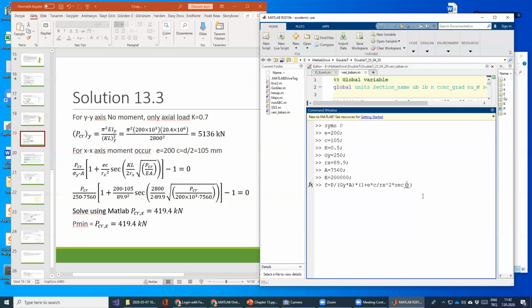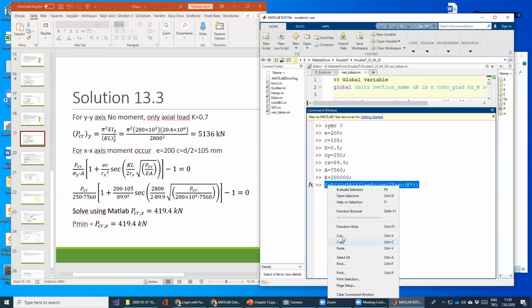I can't remember whether secant is defined in MATLAB or not. Okay, I will check this. Secant K times, oh sorry, I forgot to also write the L as in here.